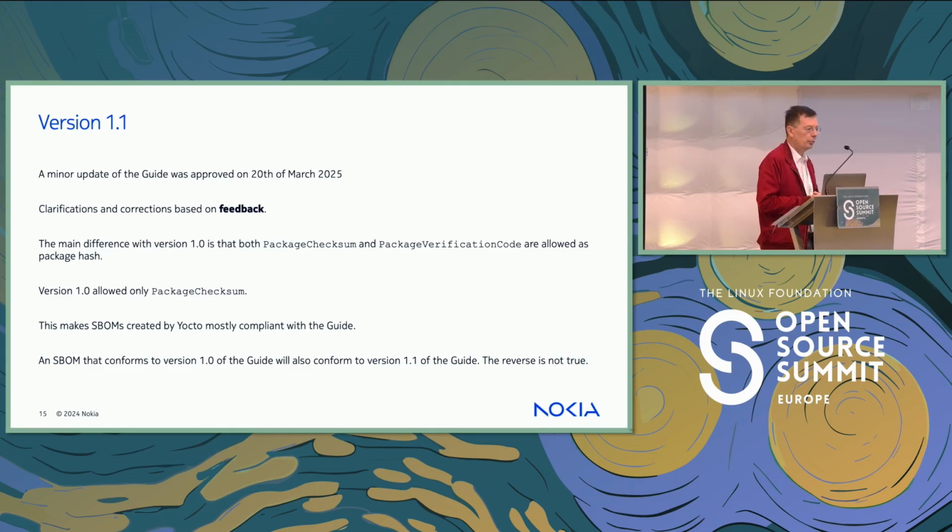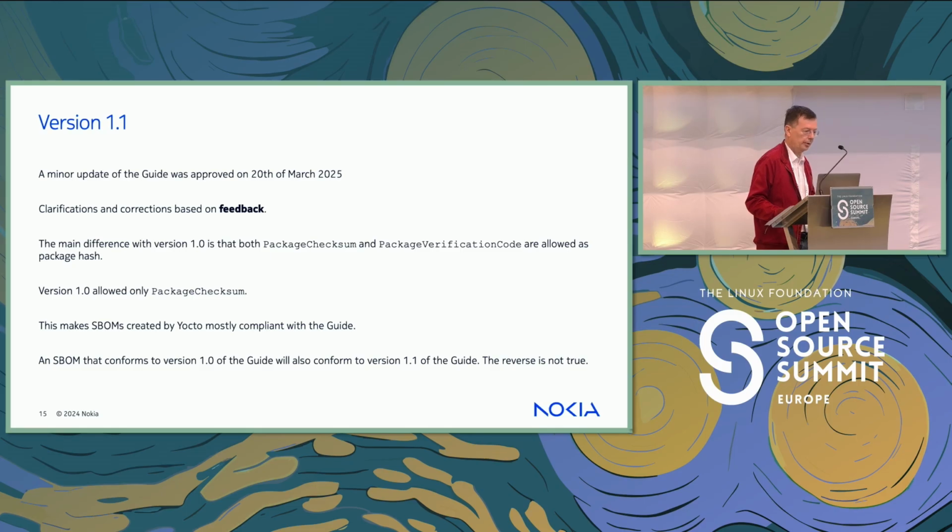There are also some minor differences between version 1.0 and 1.1. We have some attributes that were mandatory that are now only recommended. This makes an SBOM conforming to version 1.0 automatically conforming to version 1.1, but the reverse is not true.